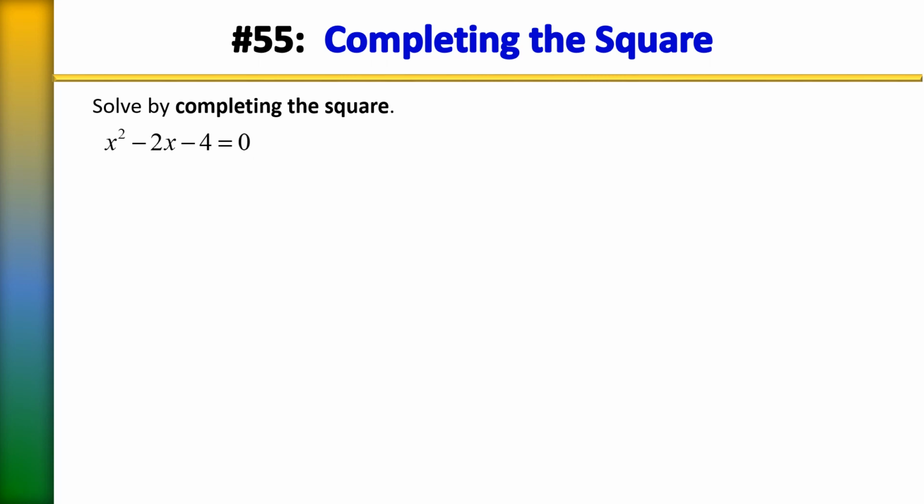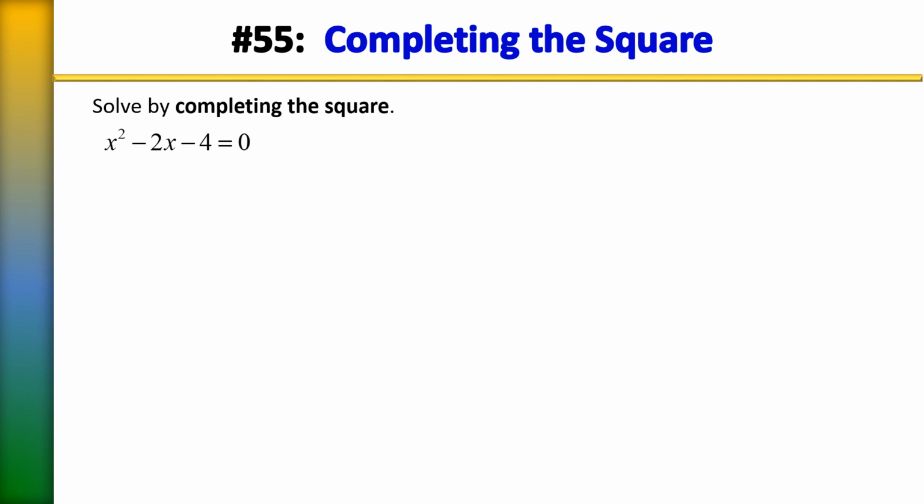Those were the only terms in that first column. That's what we call an incomplete square, and then you went through the process of finding the number that would complete the trinomial. So the first step is to isolate those two terms so that you are able to find the number that would complete that trinomial.